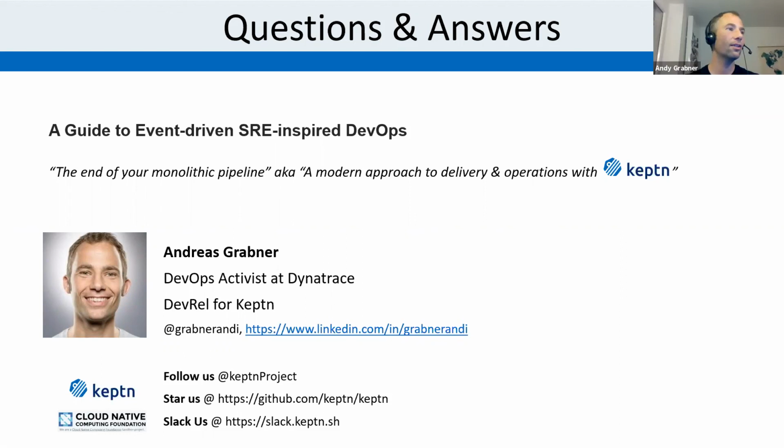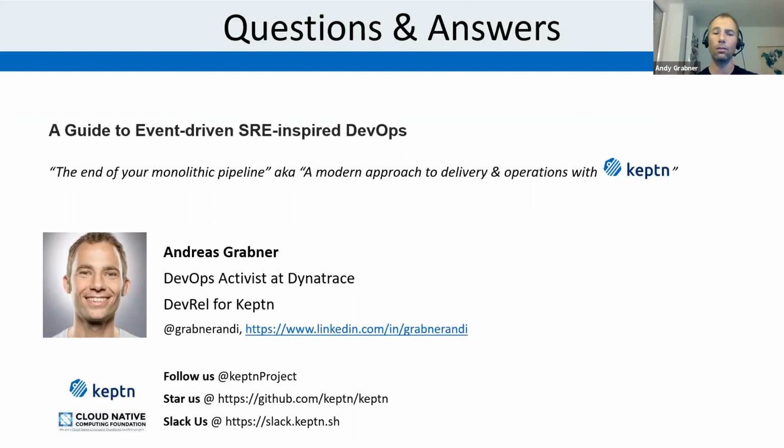There's actually one question I quickly want to answer. Is an event-driven approach mutually exclusive to GitOps, or can they be used in conjunction? I think it's perfect in conjunction, not mutually exclusive at all, because with GitOps you are storing and changing your configuration files, and then based on that change, you have a system that is making sure that this change actually gets applied to your infrastructure, to your applications, and that's what Keptn is doing, right?